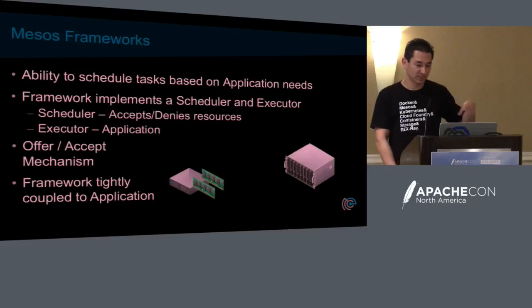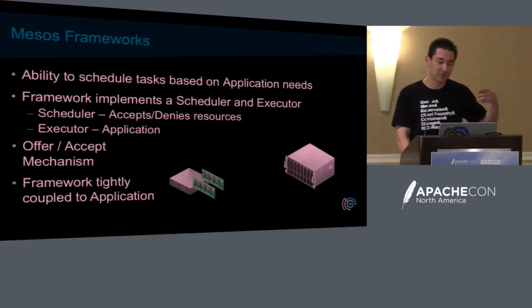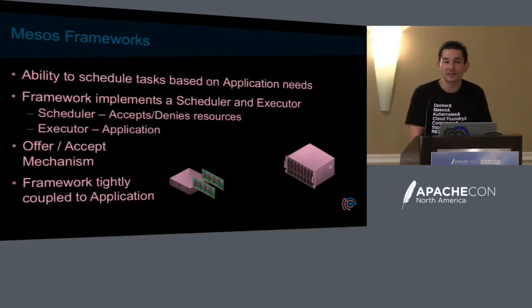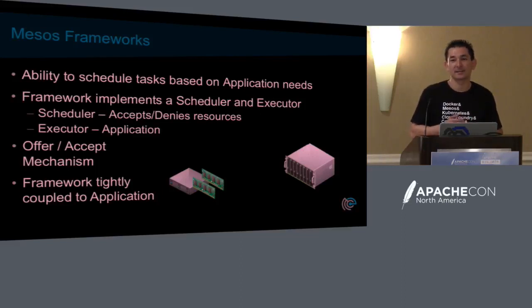Those two components that make a framework are actually an implementation of the offer accept model, and we're going to go into that a little in the next slide. But what a framework does, just to really nail the point, is it's very specialized, super tightly coupled to your application.